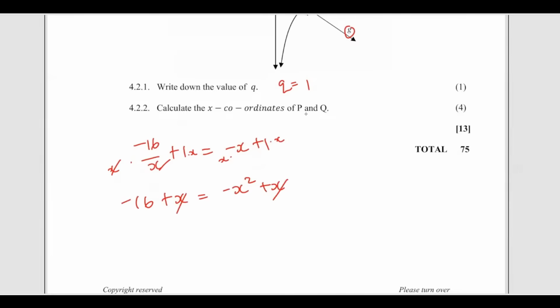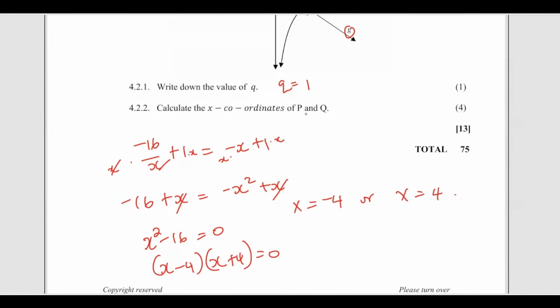Move this one that side, meaning x squared minus 16 is equal to 0. So let's factor this, the difference of two squares: (x minus 4)(x plus 4). So one x is -4 or the other x is +4. They say calculate the x-coordinates, so that's all they needed: -4 and +4.